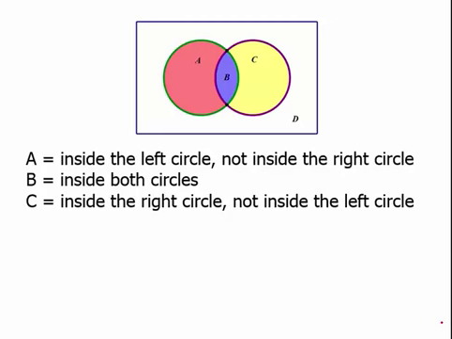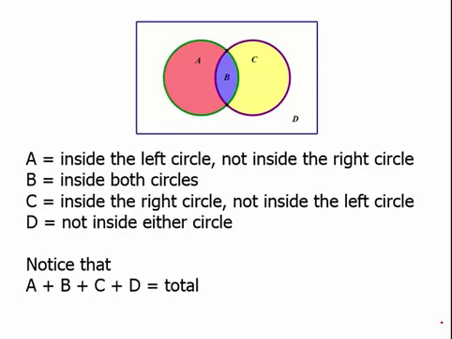So these are in the purple circle only, and not in the green circle. And then D are all the people outside of both circles. So notice that these four regions, when we add them up, add up to the total, either the total number of students or the total number of people in this particular study.